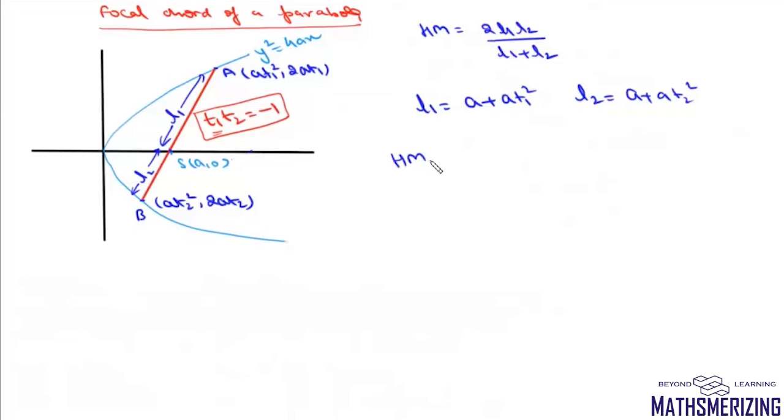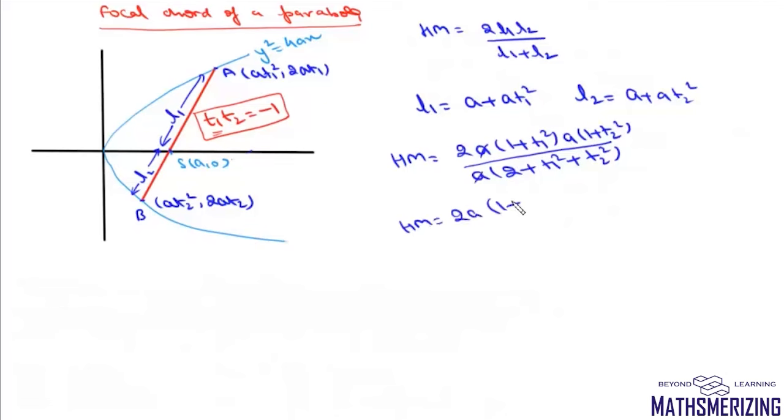So if we find the harmonic mean of these focal intercepts, then it'll be 2. We'll take a common. It is 1 plus t1 square a, and then 1 plus t2 square, and then if we add them, I'll take a common, we'll get 2 plus t1 square plus t2 square. Now I'll multiply these two factors. So I'll write the harmonic mean as this, a and a will cancel. So it is 2a, and this is 1 plus t1 square plus t2 square plus t1 square t2 square upon 2 plus t1 square plus t2 square.